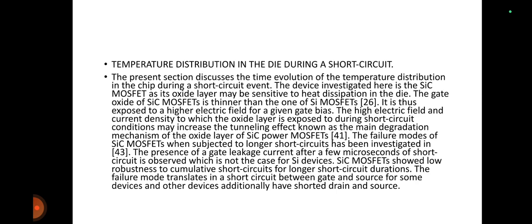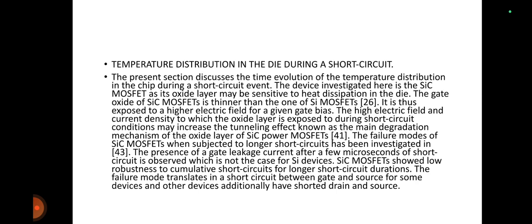It is thus exposed to a higher electric field for a given gate bias. The high electric field and current density to which the oxide layer is exposed during short circuit conditions may increase the tunneling effect, known as the main degradation mechanism of the oxide layer of SiC power MOSFETs.